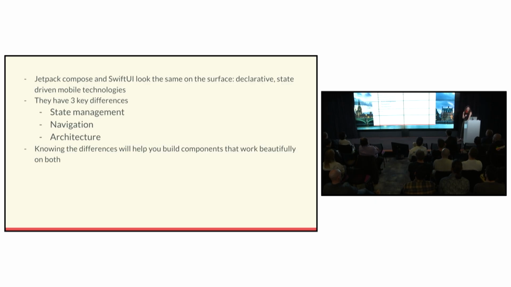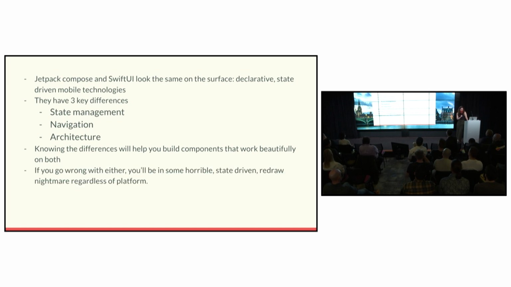Knowing the differences will help you build components that work beautifully on both. So if you know a little bit about these 3 differences, you'll be able to feed into your UX process and get something that works really well across all platforms when developing native apps. If you go wrong, you'll definitely be in some horrible state-driven redrawn nightmare regardless of the platform. They're very unforgiving.